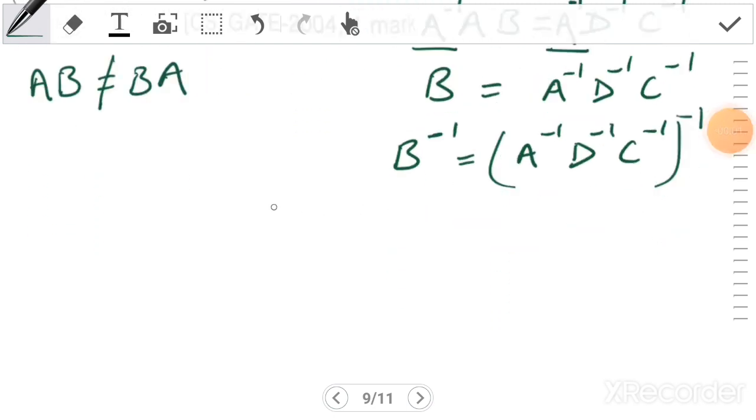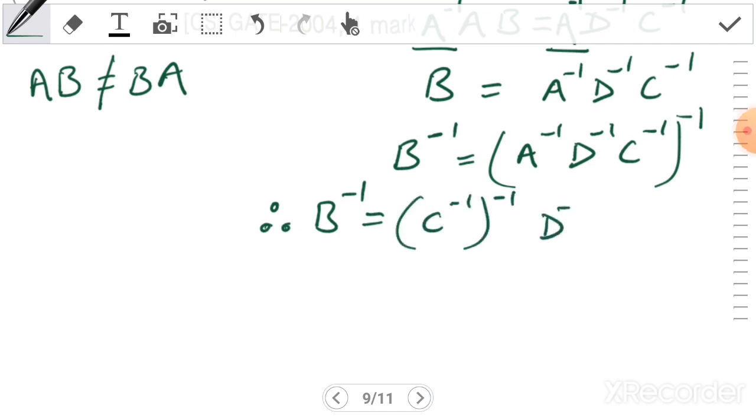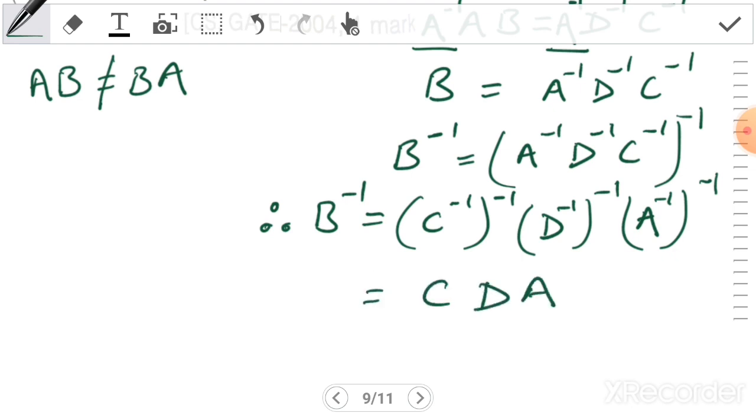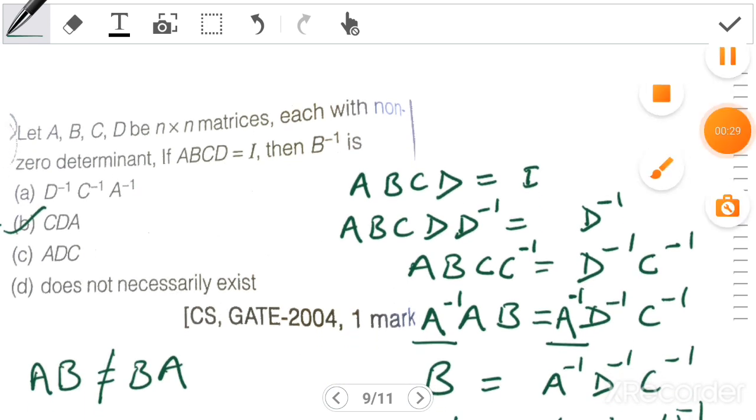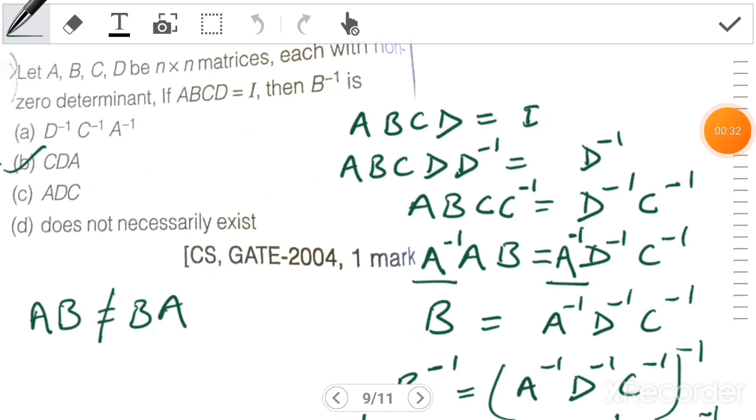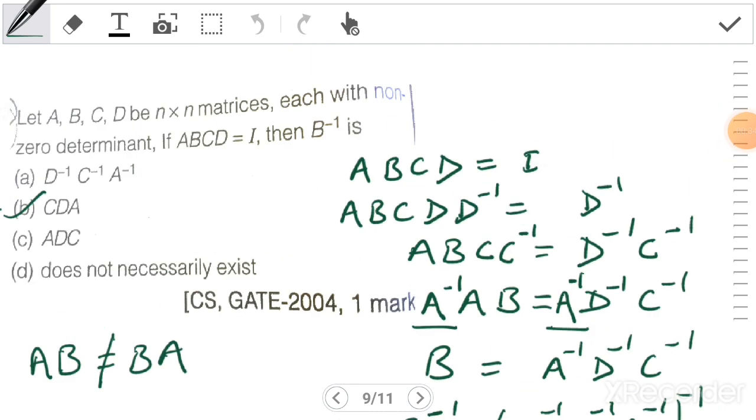From property we can rewrite this as B inverse is equal to C inverse whole inverse, D inverse whole inverse and A inverse whole inverse, or C times D times A. So we have got the answer. This is the correct answer. Let us solve the next question.